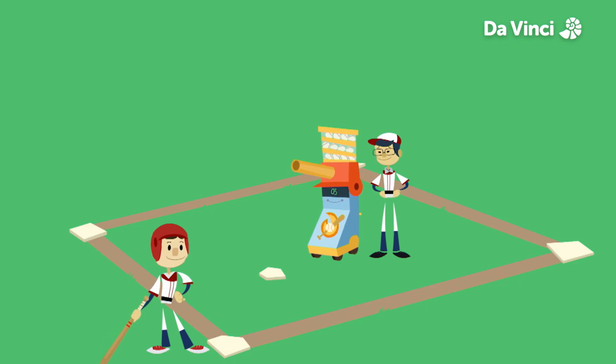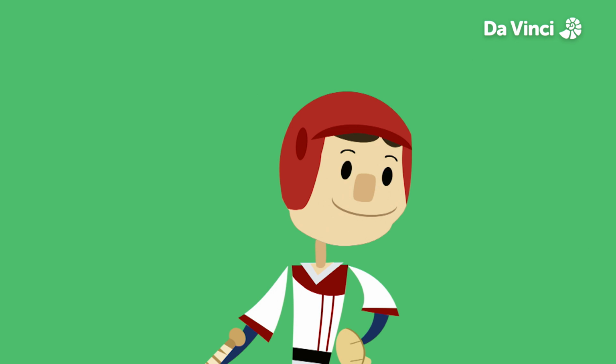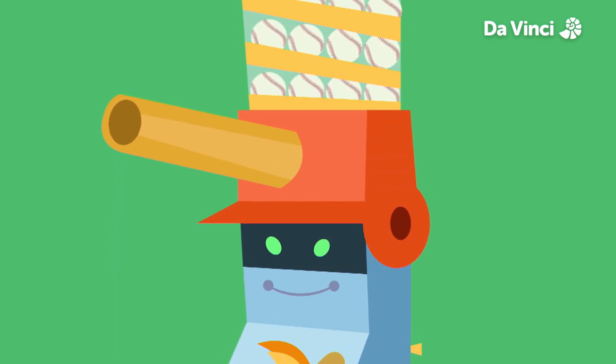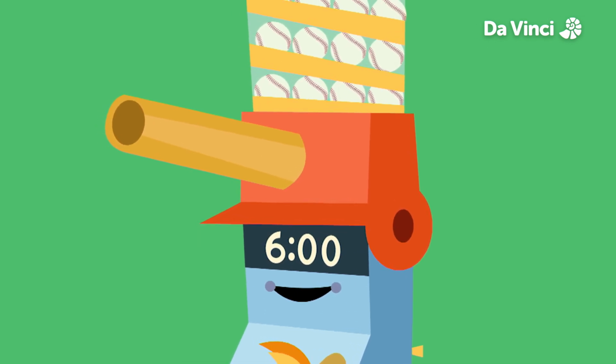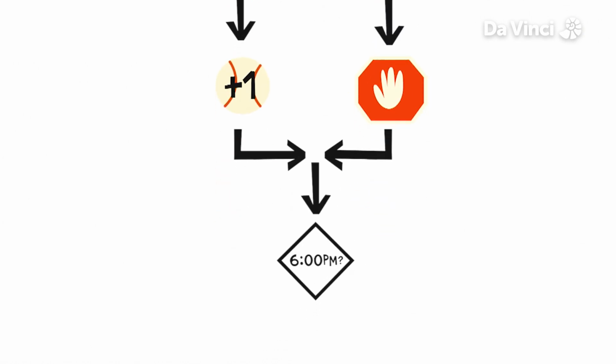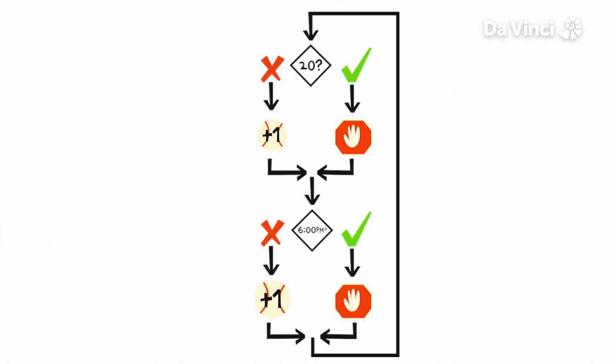We can also use more than one conditional statement to control a loop. For instance, if he will get picked up at 6 p.m., he needs the automatic pitcher to stop pitching at 6 p.m. To do this, he adds a second condition to the original statement. If the number of pitches is less than or equal to 20 and time is less than 6 p.m., then pitch one more time.